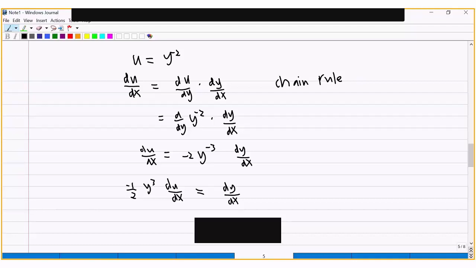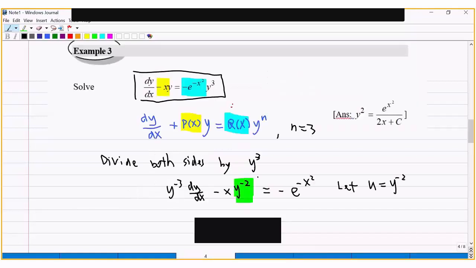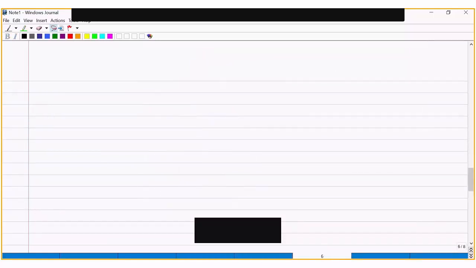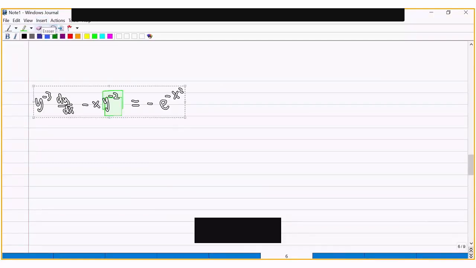Now I'm going to go back to the earlier equation to show you why this is useful. The earlier equation involves y and x, and I want to get rid of y now. So let's put the earlier equation here on a new page.